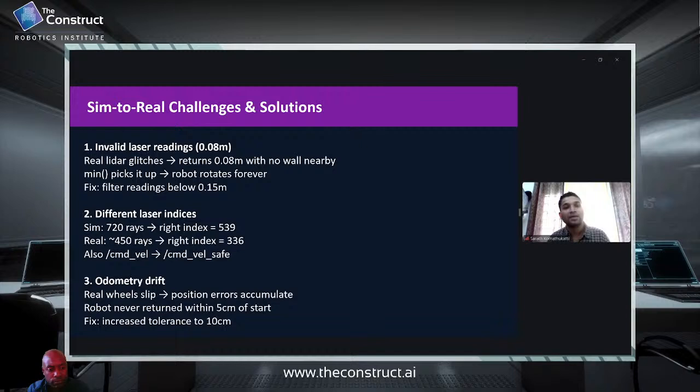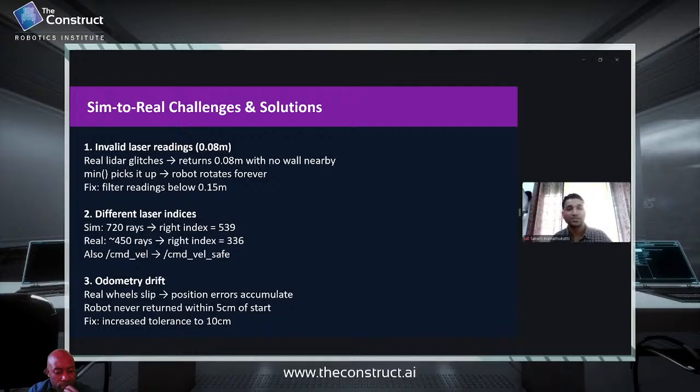The right index was found at 270 degrees, so 270 divided by 360 times the number of rays gives the right index for both the simulation and real. And also, as I discussed, the topic cmd_vel was used in the simulation, and cmd_vel_scale in the real robot.